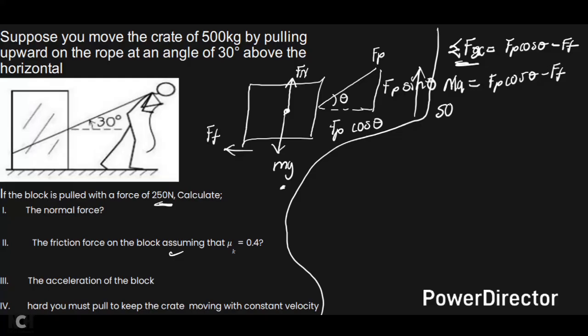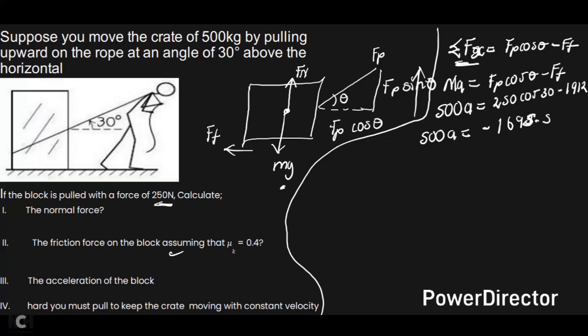Here m is the mass and a is the acceleration. The applied force we had was 250 cos 8 minus the friction force, which was 1912. So 500 a is equal to a negative value, about negative 95.5.